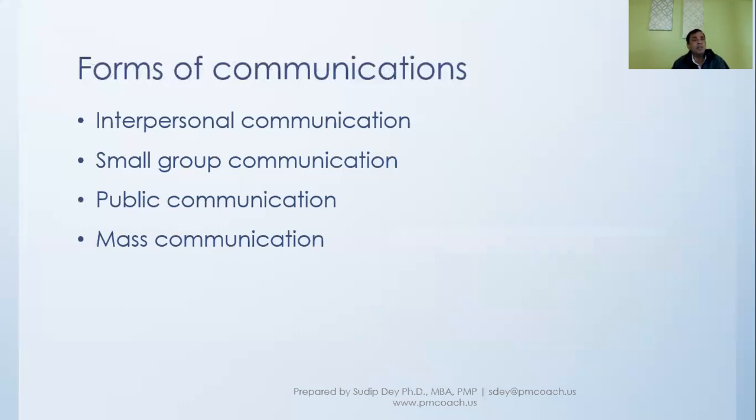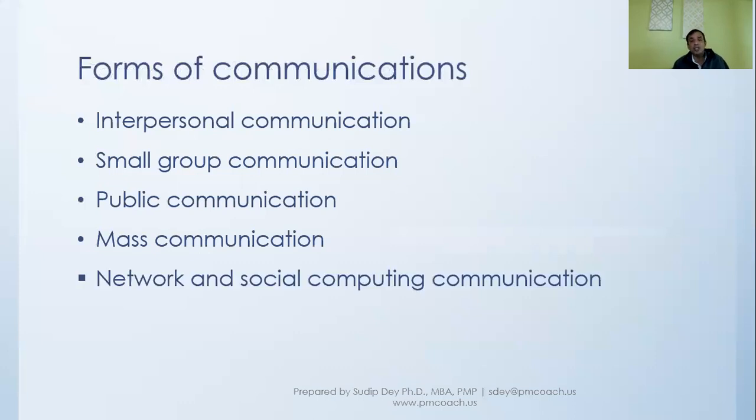For example, Twitter, if you have a lot of followers, it is really a mass communication in that sense. And then network and social computing communication. Now there are a lot of social communication platforms available today, and that can also be another way to communicate. So there are different forms of communication we need to be aware of when we are managing communication in our project.